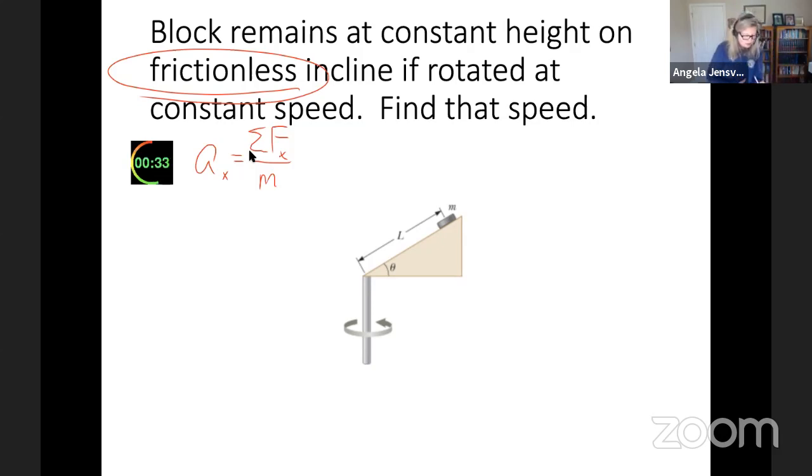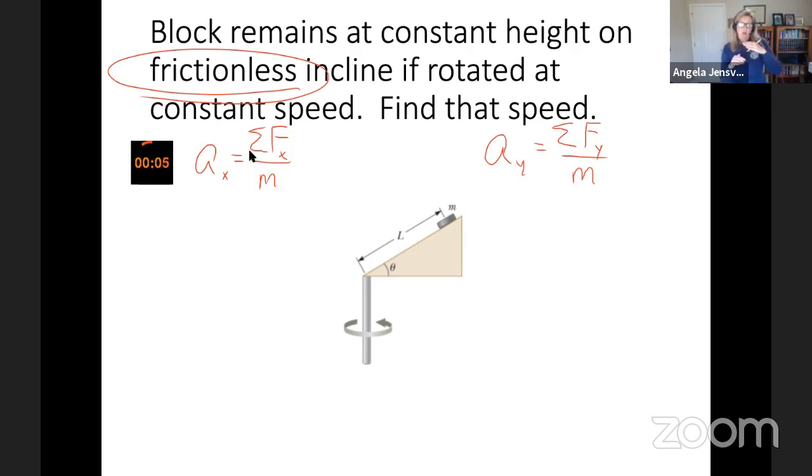So I want to do vertical forces and horizontal forces. I know that sometimes when you have an inclined plane, your axes are parallel and perpendicular to the incline. You could solve this that way, that's fine. I'm doing it horizontal and vertical because the mass is traveling in a horizontal circle. That's the radius of my circle.